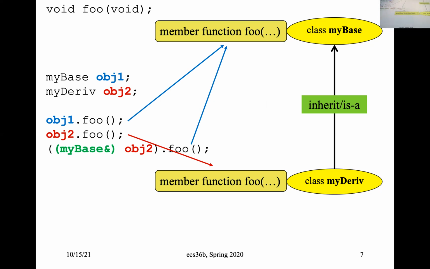Which function is going to be called is purely determined by the data type of that object instance right before you call that function. And the compiler will know that. That's essentially what the compiler can decide, right? The compiler, when it looks at it, think about if you're writing something for a compiler.